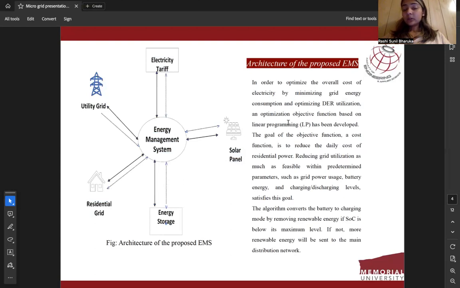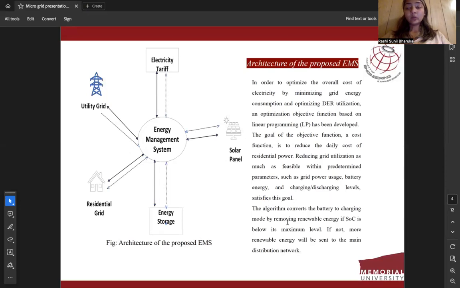The objective function is based on linear programming, and it has been developed here. The goal of the objective function, which is a cost function, is to reduce the daily cost of residential power by reducing grid utilization as much as feasible within predetermined parameters such as grid power usage, battery energy, and charging and discharging levels of the battery.